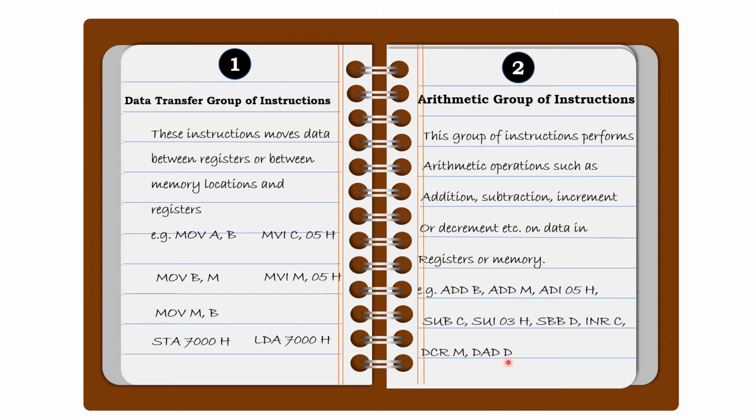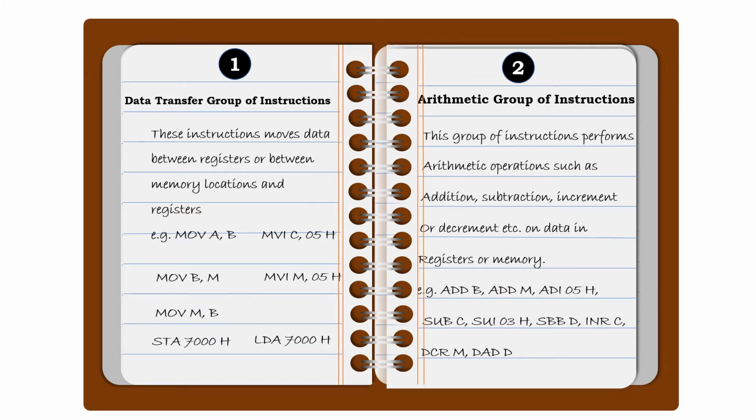And DAD D means add the DE pair with the HL pair. So that is also an arithmetic group of instructions. This arithmetic group of instructions is nothing but used to add, subtract, increment or decrement in the 8085 microprocessor.